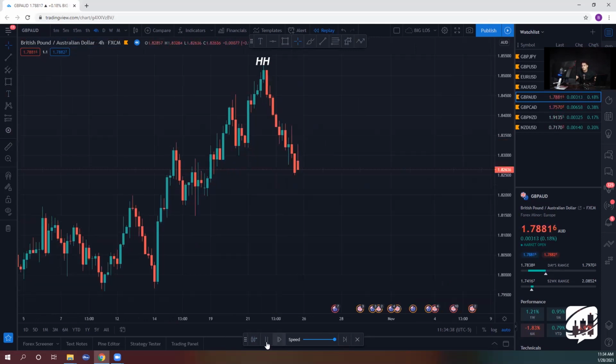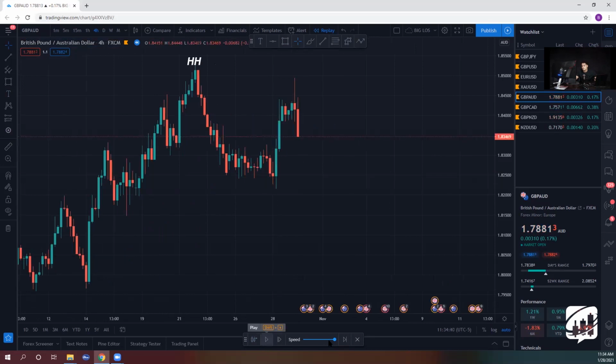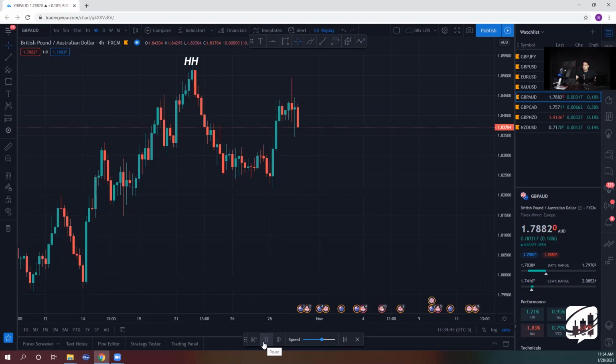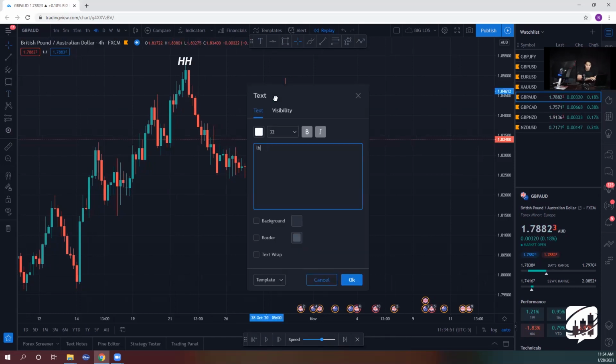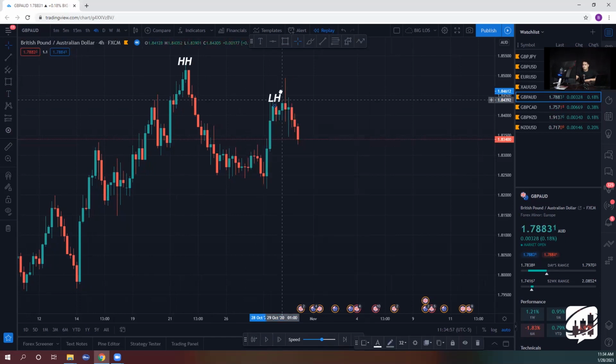So as the trade continued, we made a lower high. We came from a higher high, and the trade made a lower high.